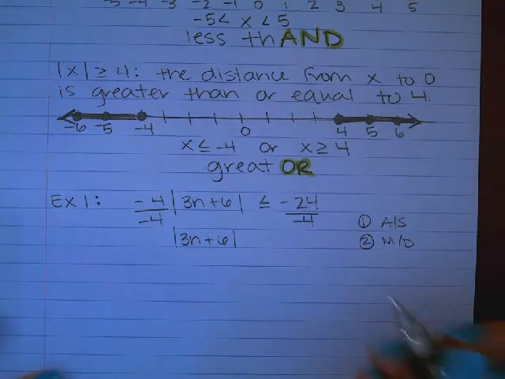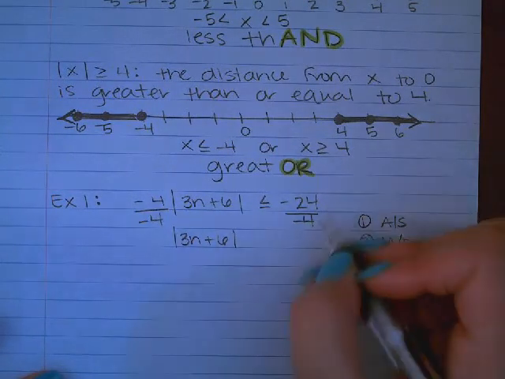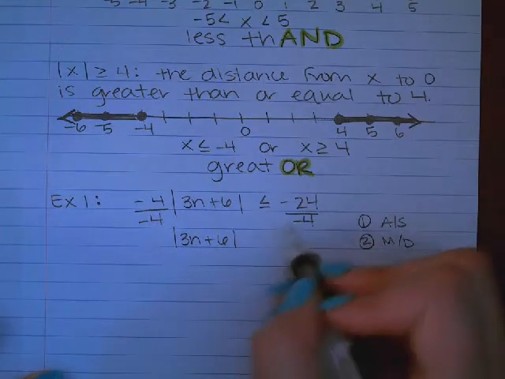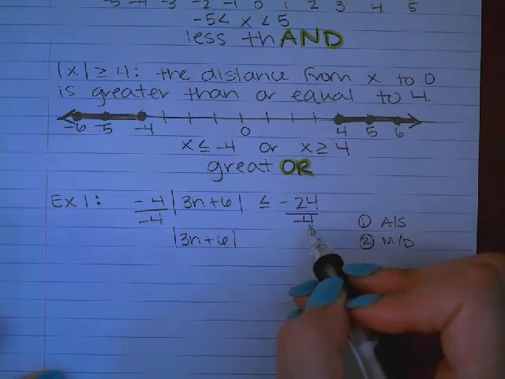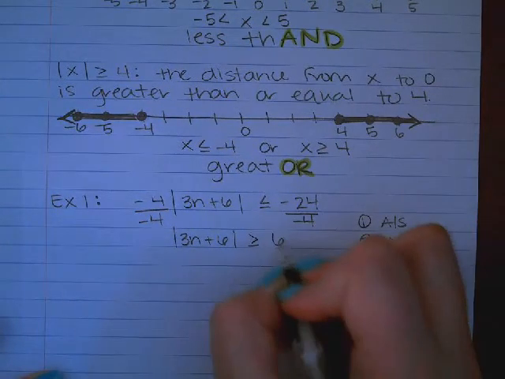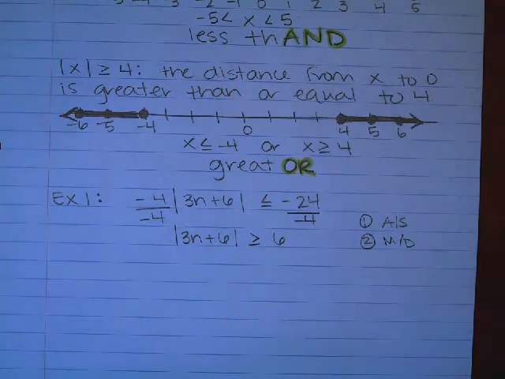And this is where you have to be careful, because if you guys recall from working with inequalities in the past, if you ever divide by a negative number or multiply by a negative number, you have to switch your inequality symbol. Okay, so this is something that I would write off to the side.